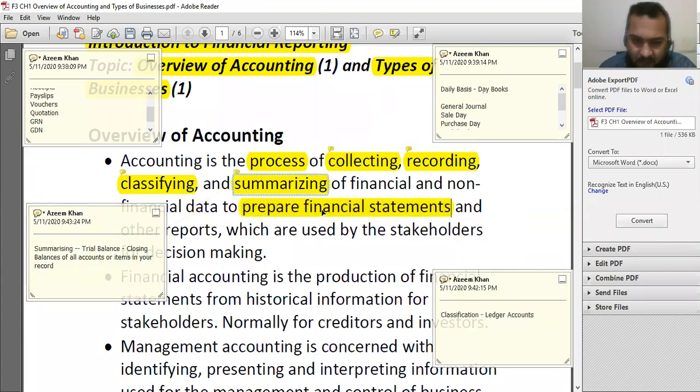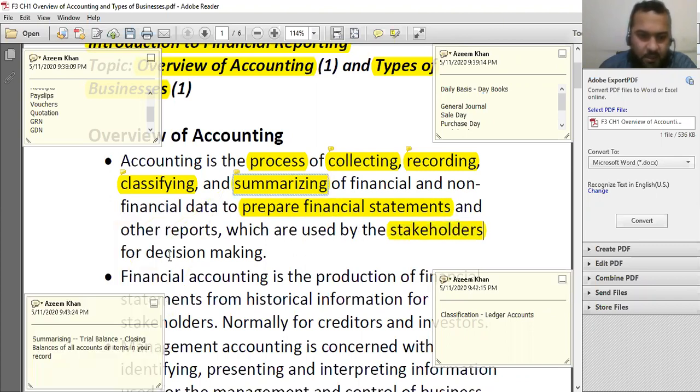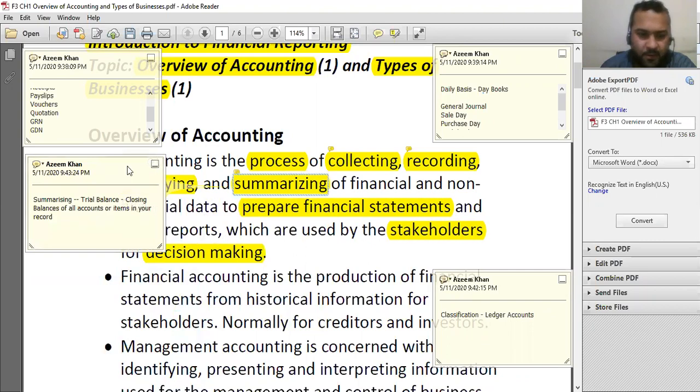The financial statements become the output of the process which we started from the collection phase. We will provide those statements to the users, and the users are the stakeholders. Stakeholders will use these financial statements for decision making.